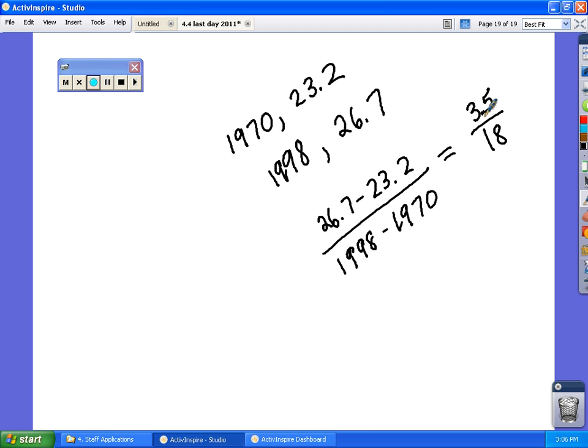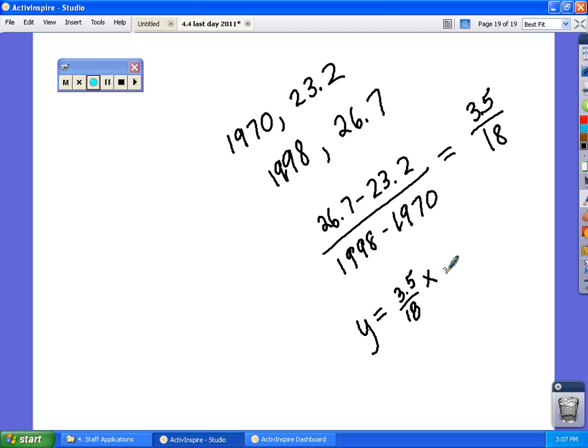Yeah, it doesn't look like I made any mistakes. You have the years on the bottom and you have the age at the top. So because it's such a weird decimal, we're gonna keep it as a fraction. Y equals 3.5 over 18 x, and then it says write an equation to predict the median age couples marry.